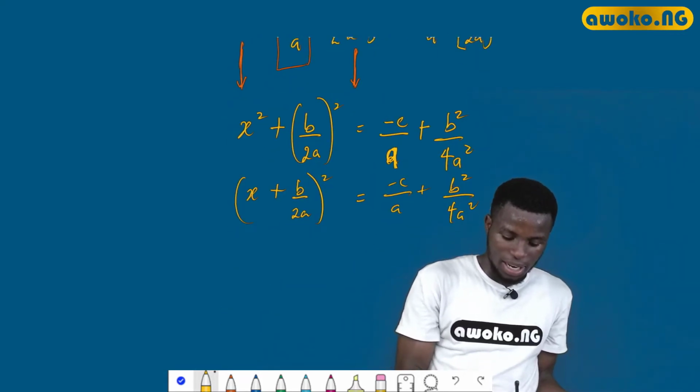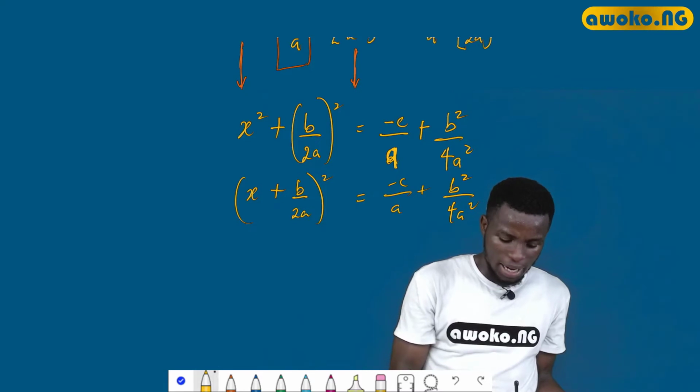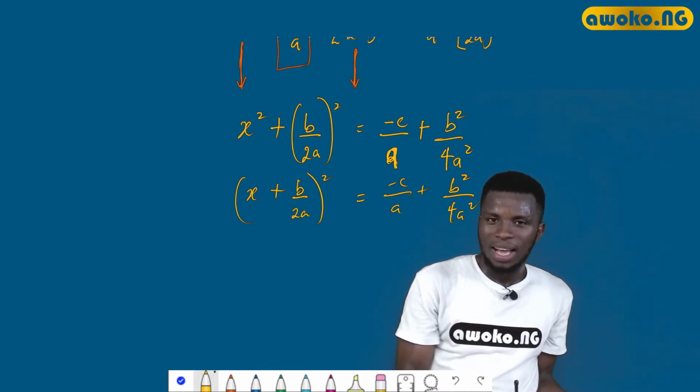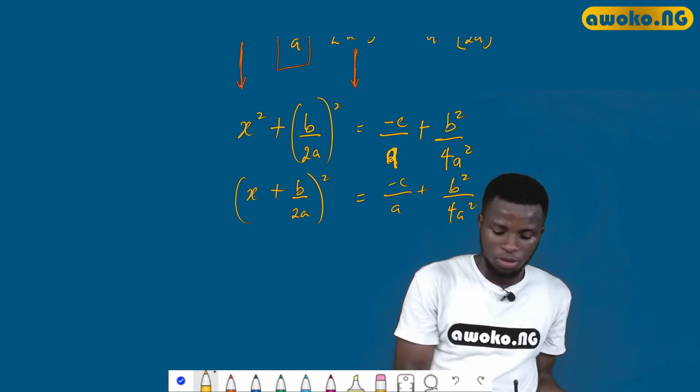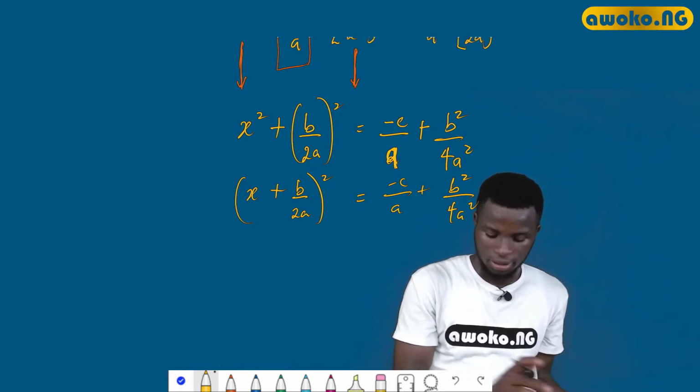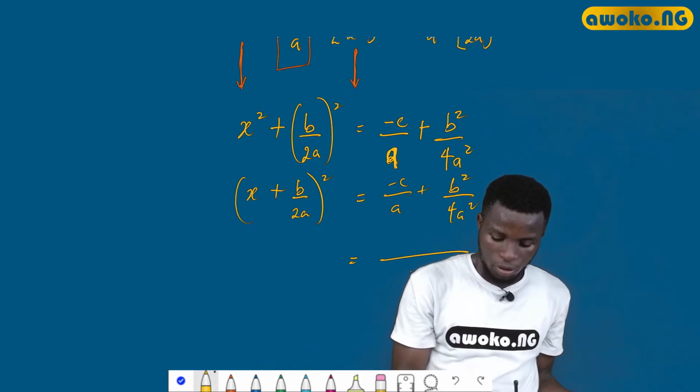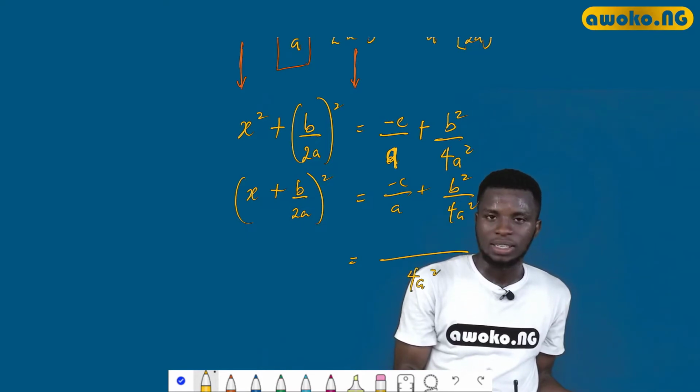Now, the next thing we have to do is to find the LCM of the right hand side. Let us ignore the left hand side first. We have 4a squared as the LCM. How many a can we see in 4a squared?